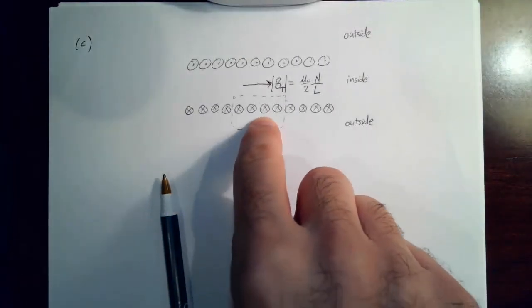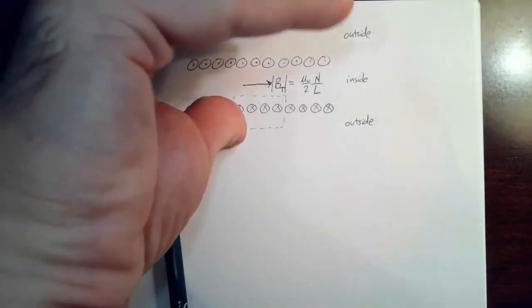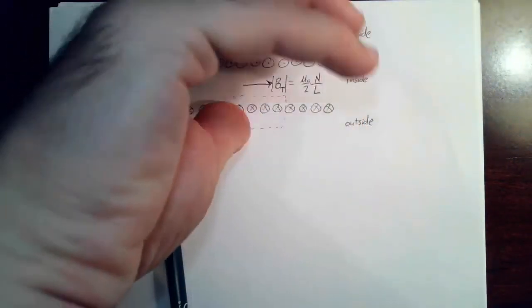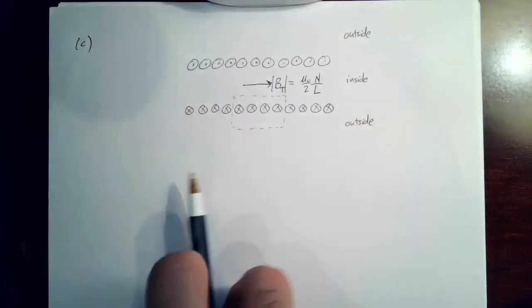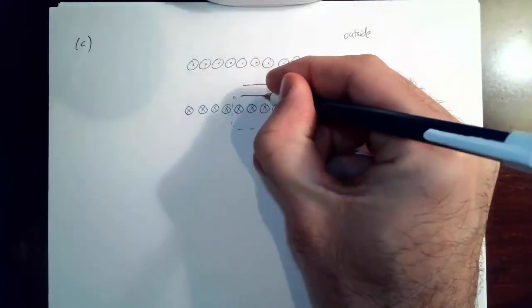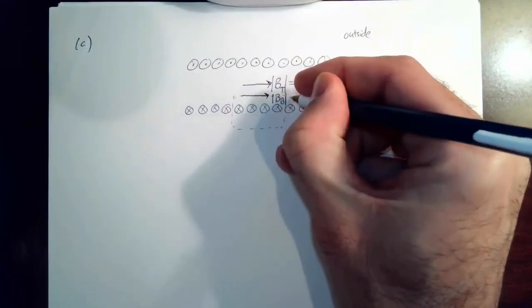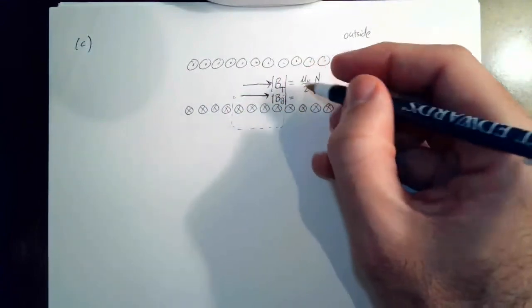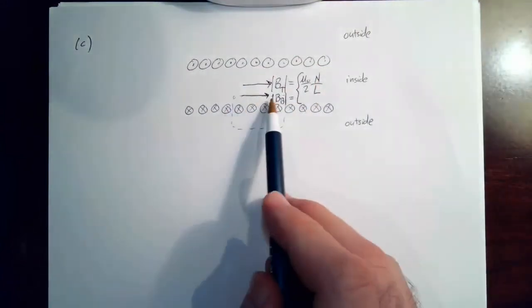Down here, if I point my thumb into the page with the current and coil my fingers clockwise, you can see that they're pointing to the right in between. So that means B bottom is equal to the same thing. So the two are going to add.